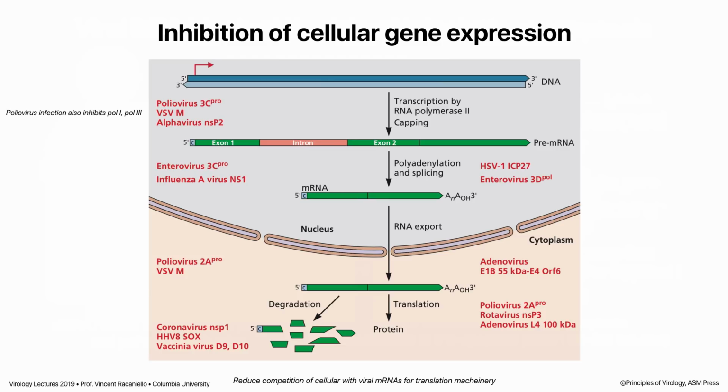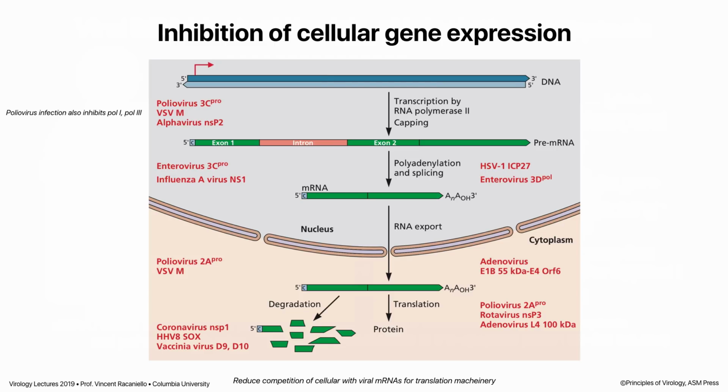And this whole pathway is interfered with at almost every level by various viruses. So one virus doesn't inhibit at every step, but collectively everything is inhibited. All these red letters are where different viral proteins interfere in the various steps in this pathway.